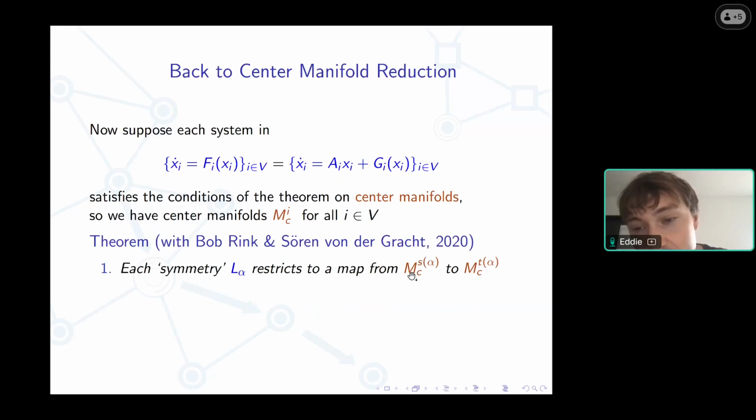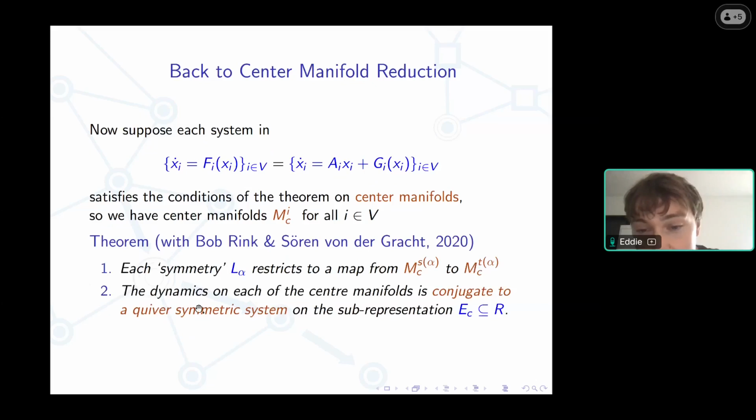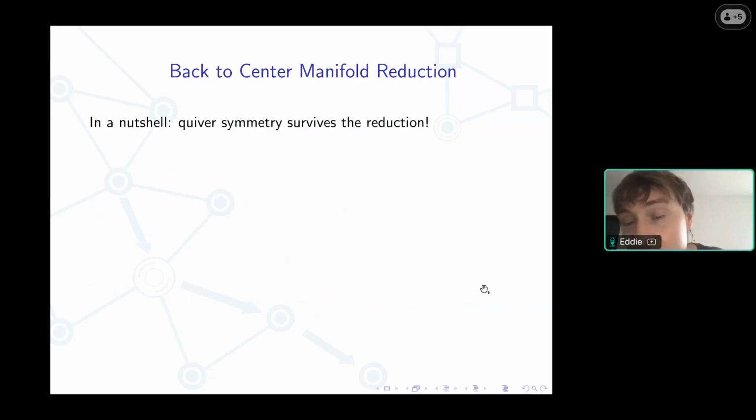So they map center manifolds into center manifolds. And if I then project down to look at only the dynamics on each of the center manifolds, it will be conjugate to just a quiver symmetric system on this sub-representation. So we'll give a picture in a minute, but in a nutshell, quiver symmetry survives the reduction.